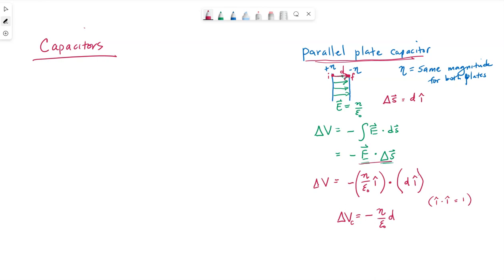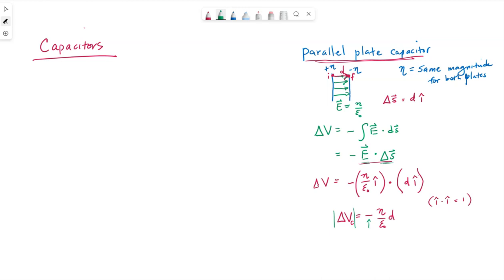As we talk about capacitors, we are typically going to look at just the magnitude, because we already know that electric field lines point from high potential to low. Getting this negative sign in our equation means we ended up at a lower potential. The final voltage is smaller than the initial voltage. That's its meaning. We already know this. This is always going to be true.